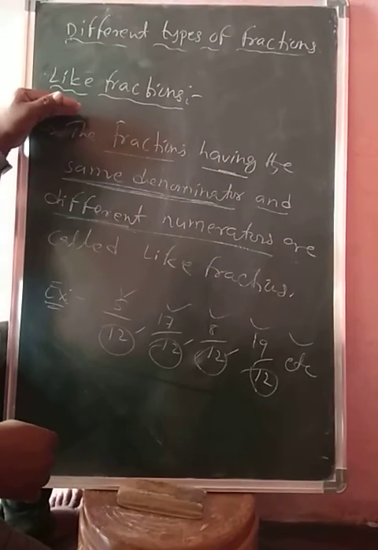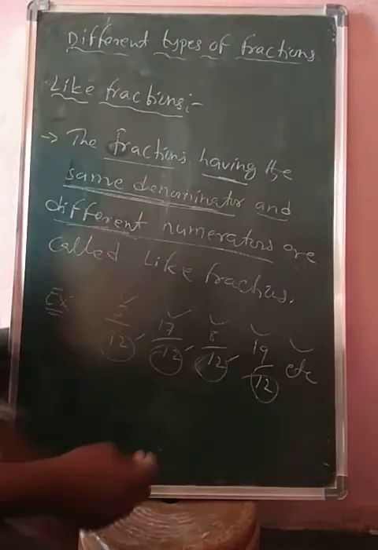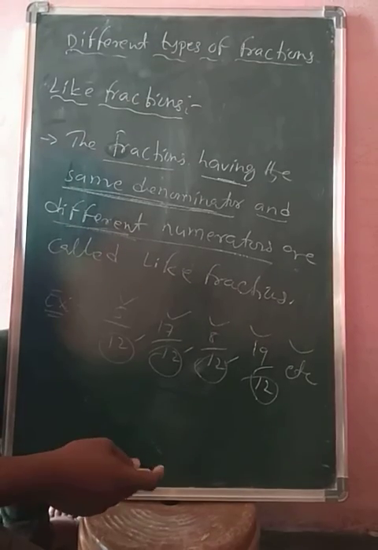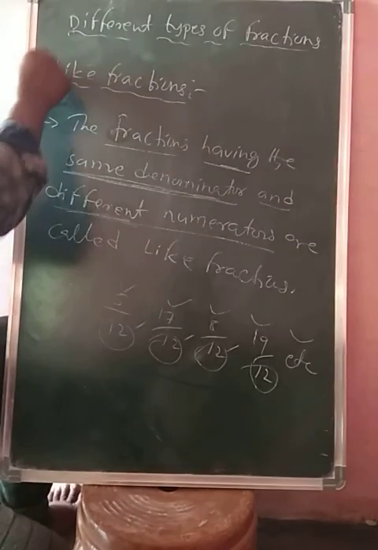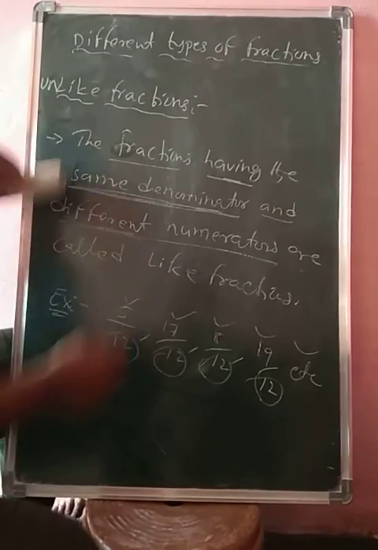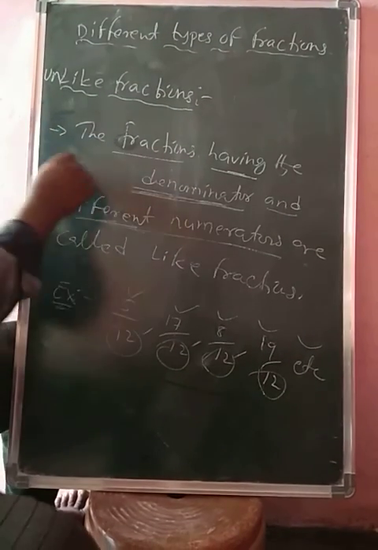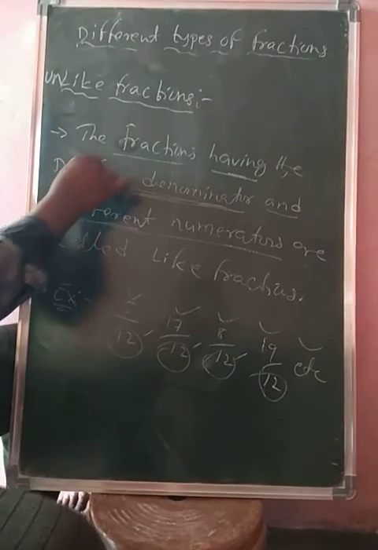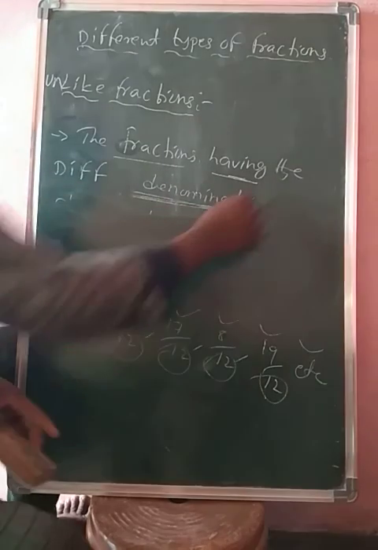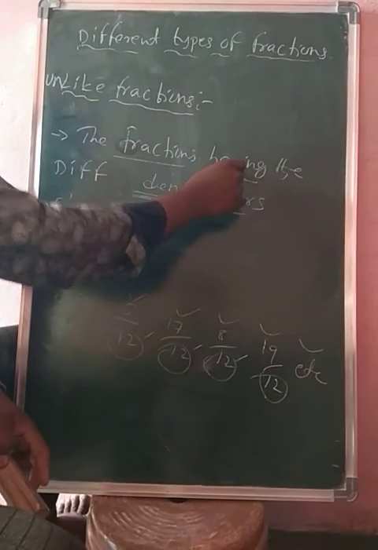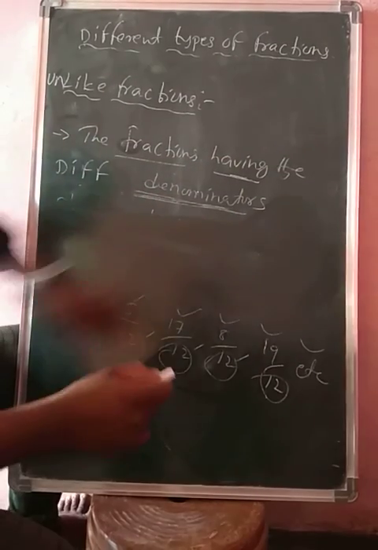Okay? Now what are unlike fractions? Unlike means simply the fractions having different denominators. The fractions having different denominators are called what?